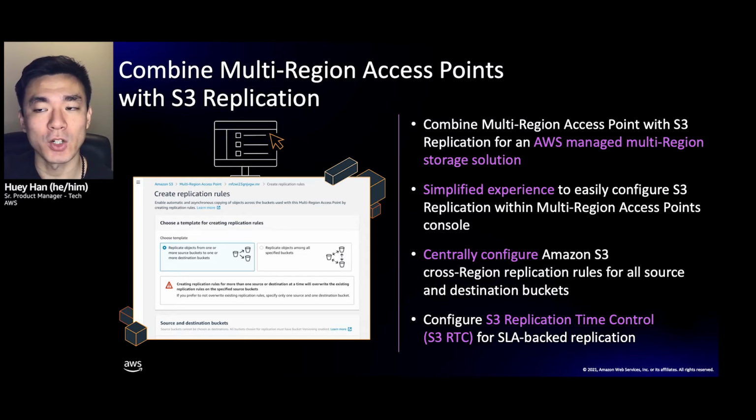So replication rules can be set up on the bucket directly, outside of the Multi-Region Access Point, or you can also use a provided template shortcut to set up the replication rules within the Multi-Region Access Point console. And either way is fine, and all the exciting features we discussed, such as multi-destination replication and bidirectional replication, are supported by either user flow.